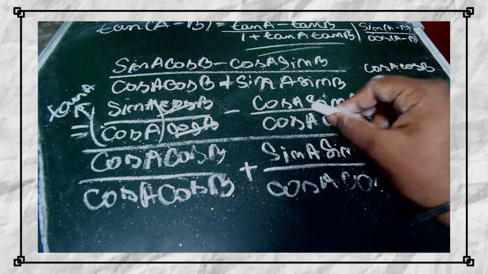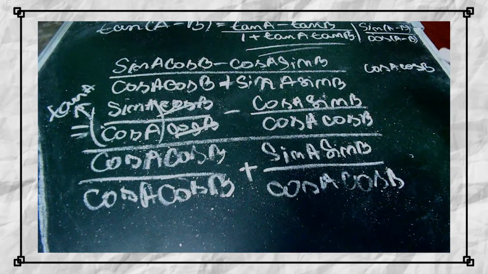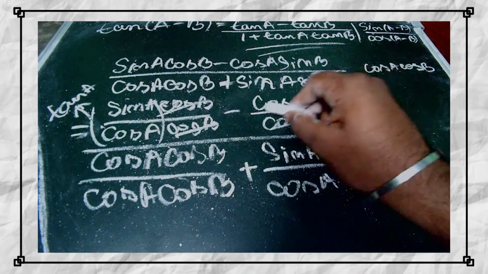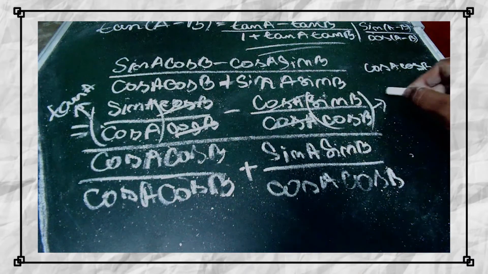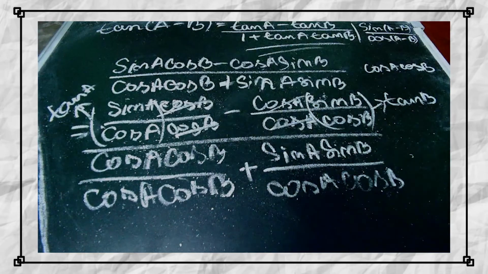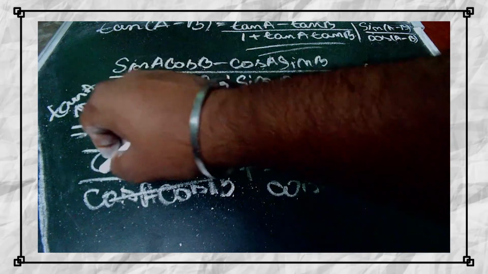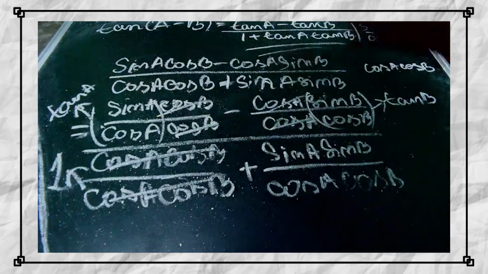Again cos a sin b divided by cos a cos b, the cos a gets cancelled, so we have sin b by cos b, which is tan b. Again cos a cos b divided by cos a cos b, both the numerator and denominator get cancelled and we have got 1.